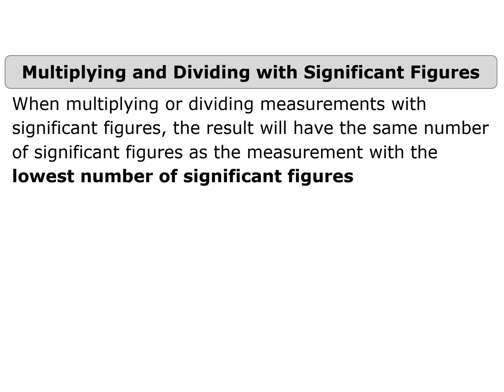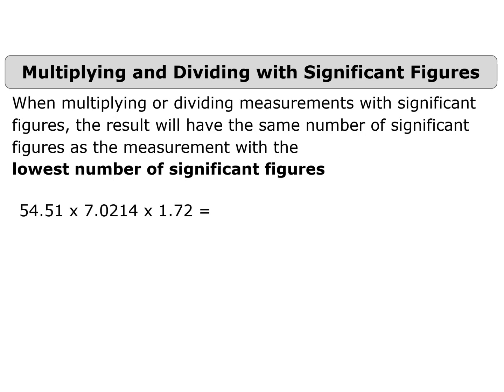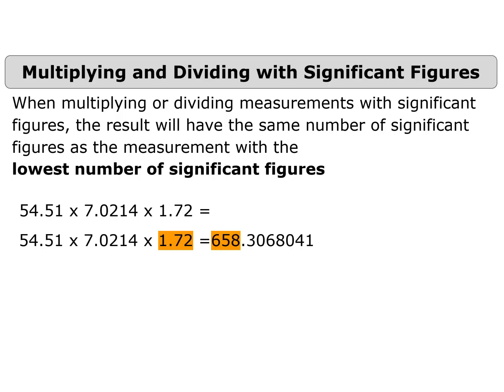When multiplying or dividing measurements with significant figures, the result will have the same number of significant figures as the measurement with the lowest number of significant figures. When we multiply these values together, we get 658.30688041.